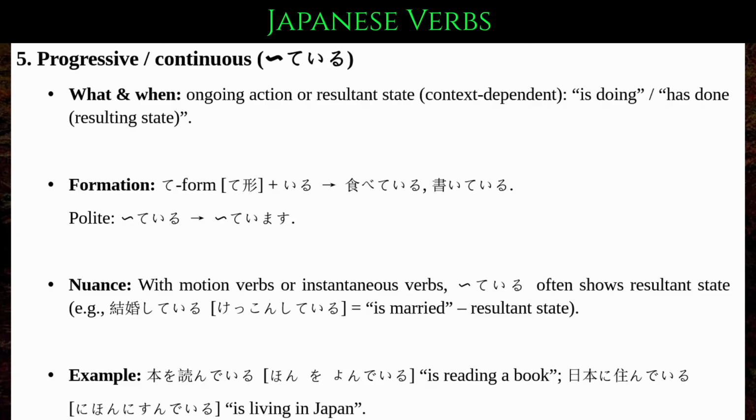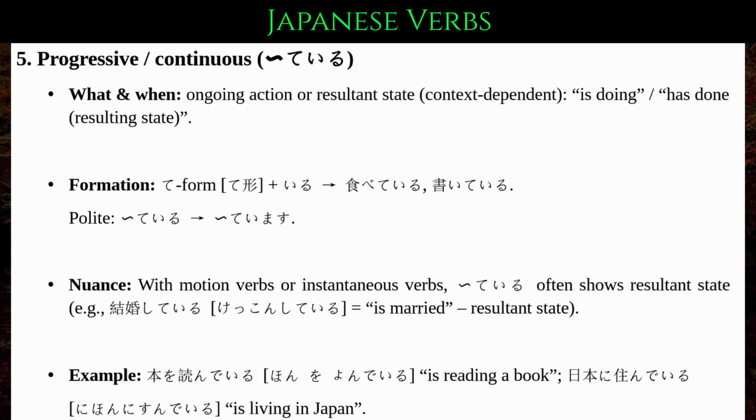For example, tabete-iru, kaite-iru. And if we want it more polite, aka politeness level 3 or PL3, we simply need to change the iru to imasu. So, te-iru becomes te-imasu. Tabete imasu. Kaite imasu. That's it.